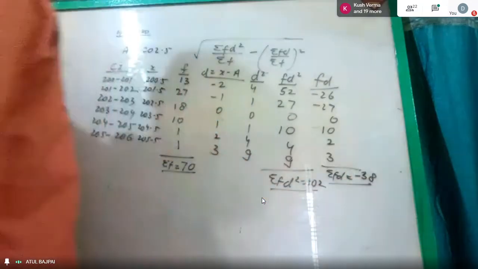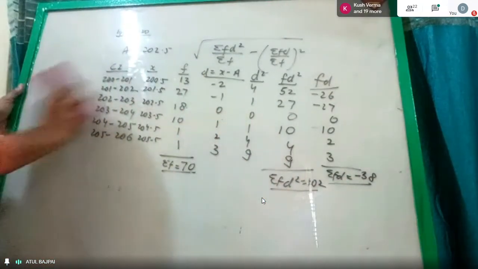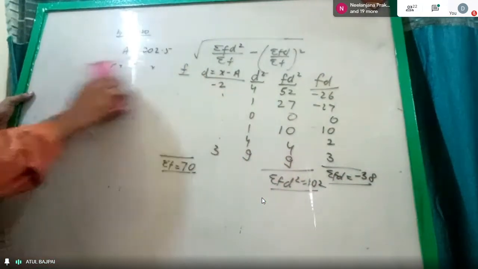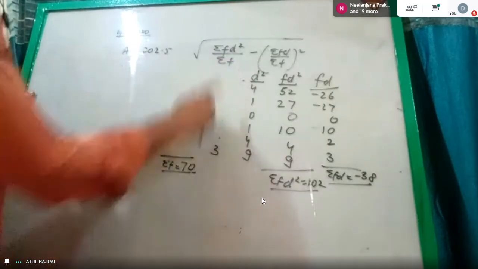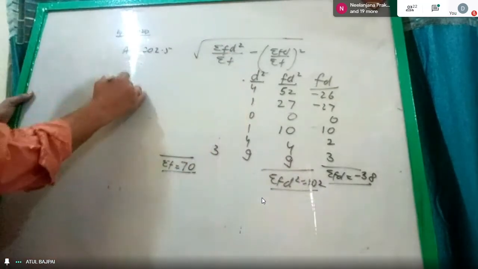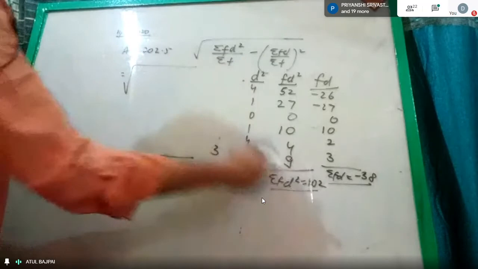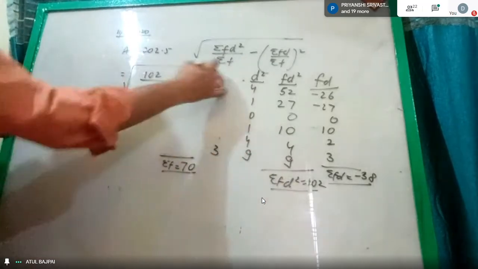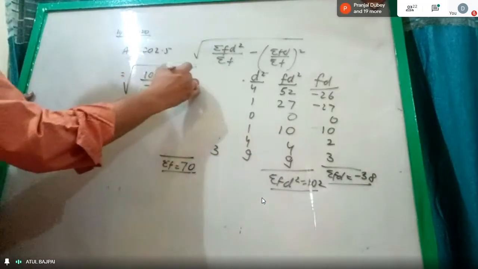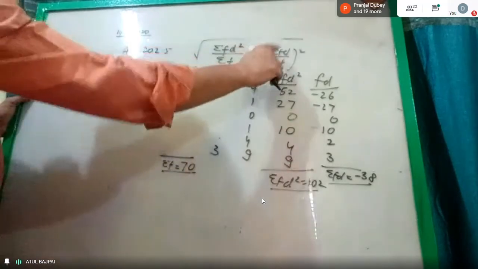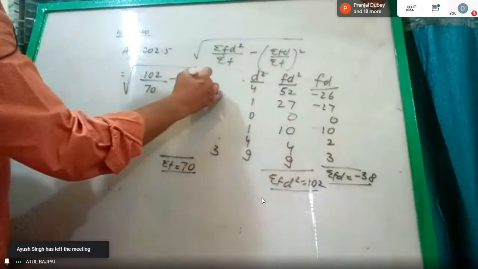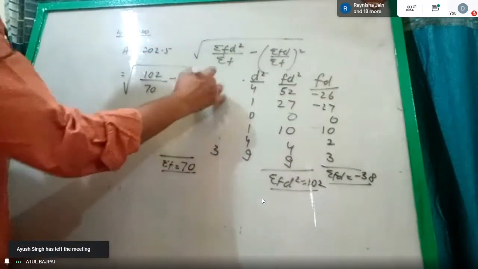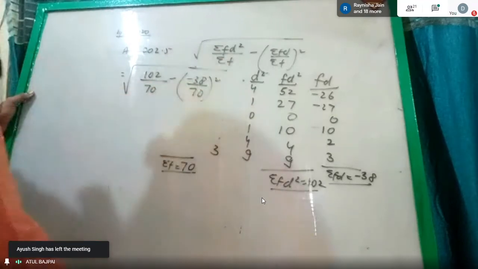Okay, now coming to the formula. This part is done. Now we put the values. Sigma of FD square is 102. Sigma F is 70. Minus sigma FD is minus 38, whole square over sigma F, which is 70. This you have to solve.